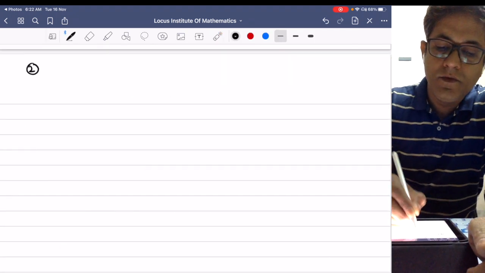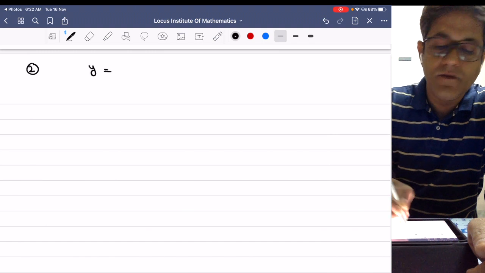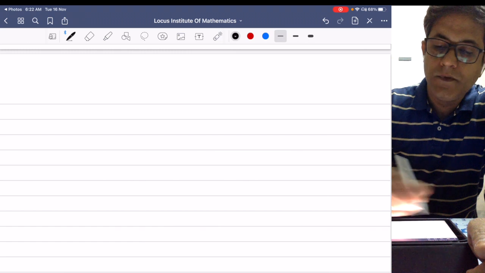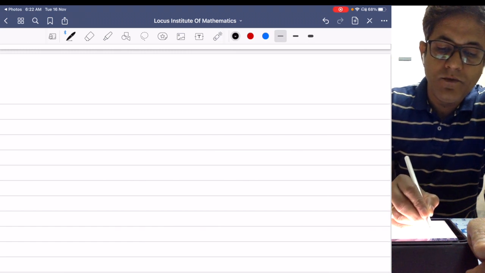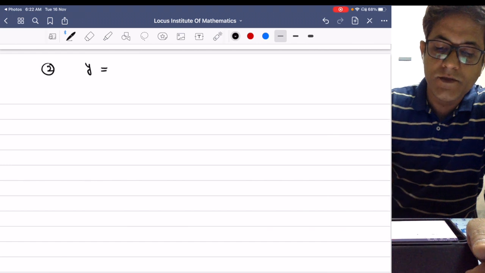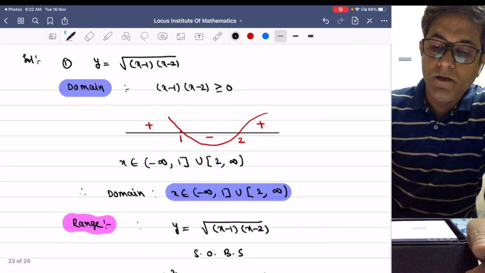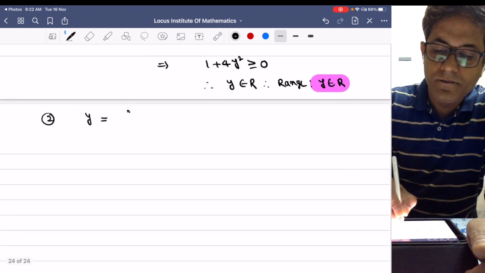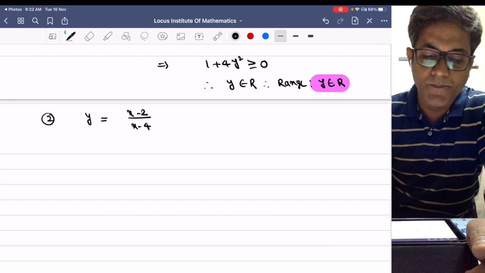Now question number 2. The question is y is equal to (x minus 2) over (x minus 4).